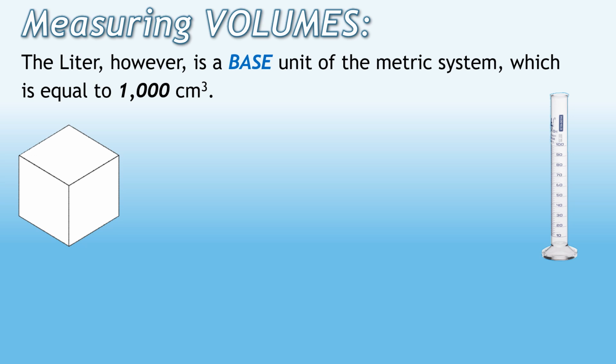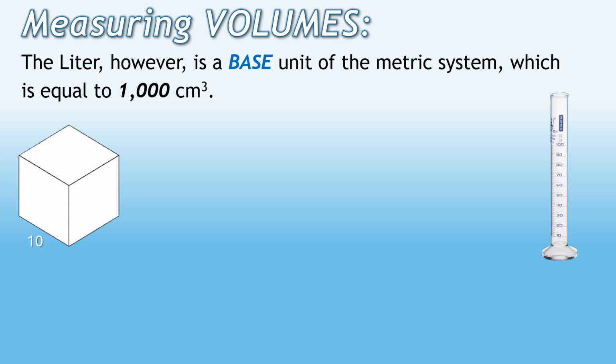The liter is a base unit of the metric system, which happens to equal 1,000 cubic centimeters. So with our cube, instead of imagining each side being 1 or 4, let's imagine that each side is 10.